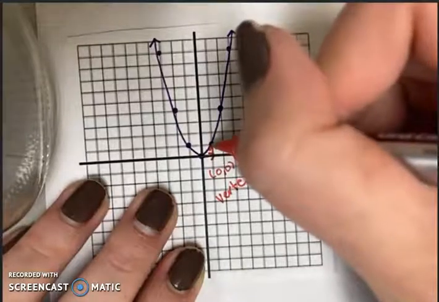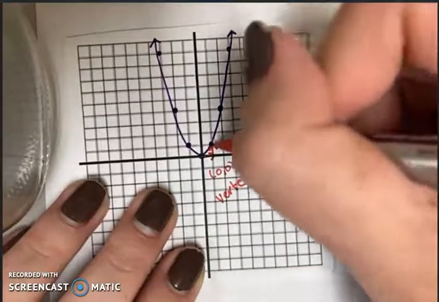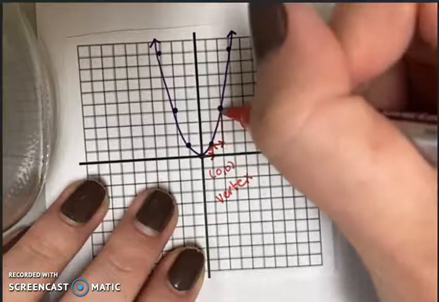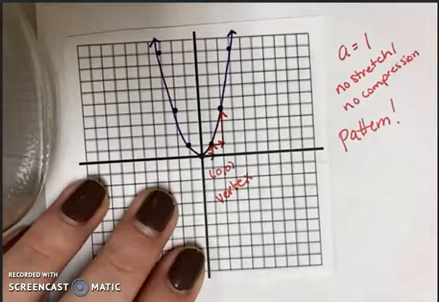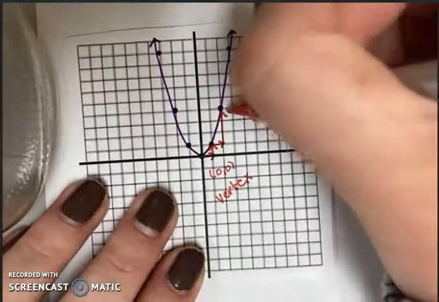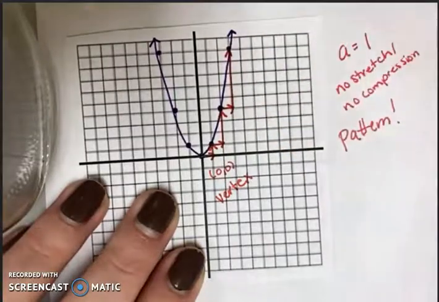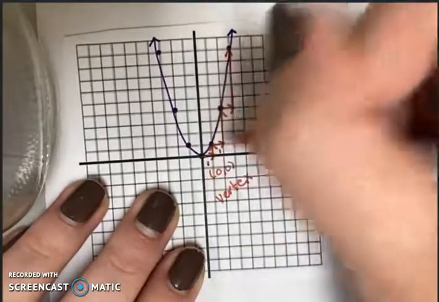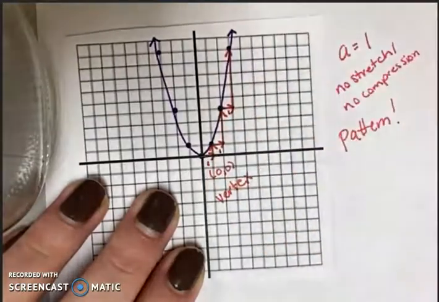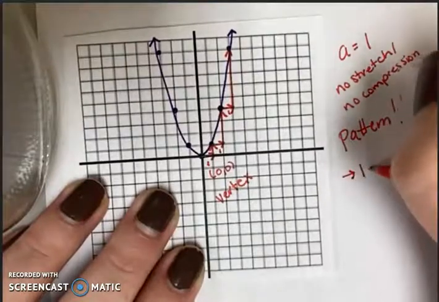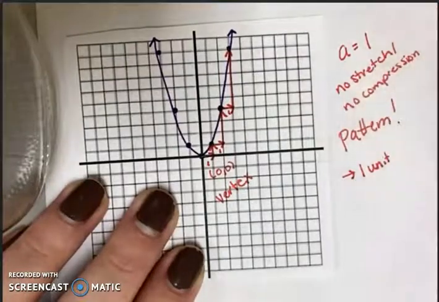To get from my point 1, 1 to my point 2, 4, I have to move right 1 and then up 3. To get from 2, 4 to 3, 9, I have to move right 1 and up 5. So far, each time we are moving right 1 unit. That's consistent. But what changes is how much we move up.